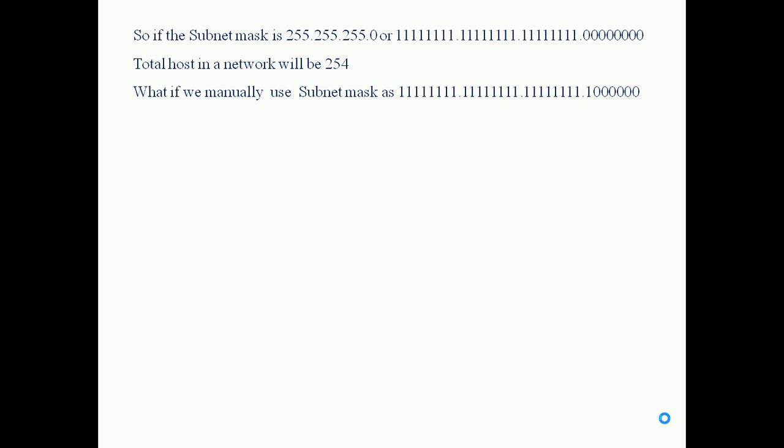I have manually added a 1 in the last octet. So the subnet mask for this will be 255.255.255.128. The 128 is the decimal value for 10000000 in the last octet, and the hosts in this subnet mask will be 2 to the power n minus 2, that is 2 to the power 7 minus 2, which will be 126.